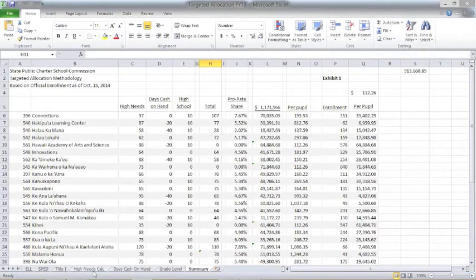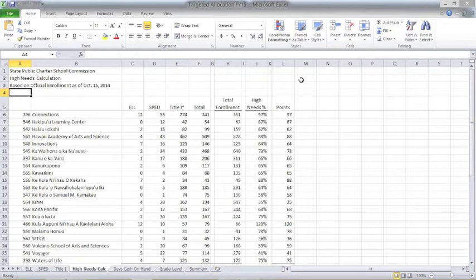So going to the high needs calculation tab, every school's student population of ELL, SPED, and Title I is accumulated and totaled. Now we can count a student twice in this process if they are an ELL student as well as Title I eligible. So in some instances the total points provided to a school is higher than the actual total enrollment for the school.